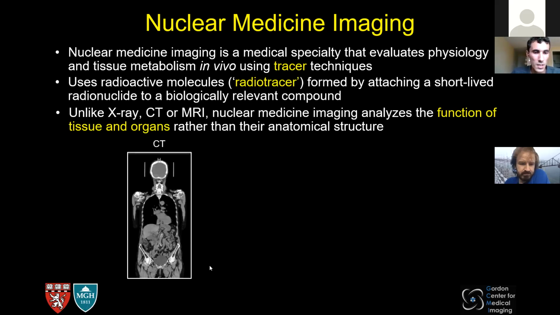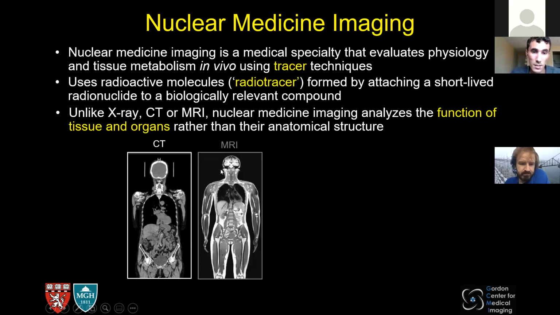So this is a CT image here. So taken from the upper thigh to the skull, basically showing you very highly detailed anatomic information. So you see the lungs here, see the liver, the heart, skull, the brain, and with a very good spatial resolution.